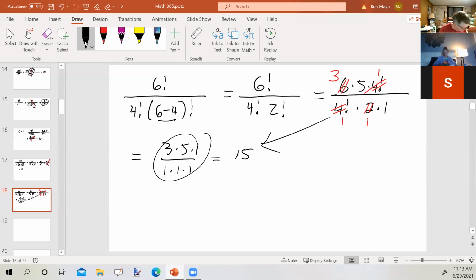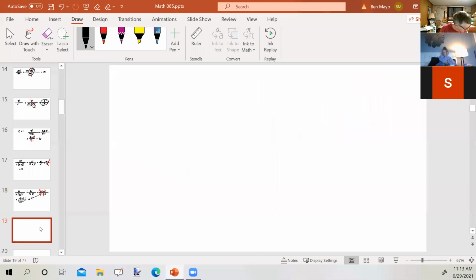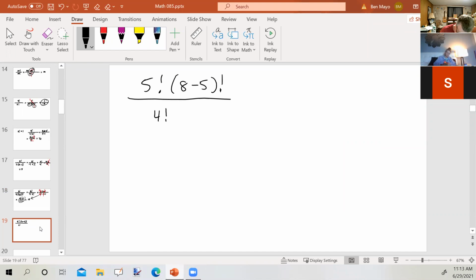Okay, let's take a look at this one. 5 factorial times the quantity 8 minus 5 factorial all over 4 factorial times 7 factorial. Well, the first thing I'm going to do is take the quantity in parentheses, 8 minus 5, and rewrite that as 3 factorial.